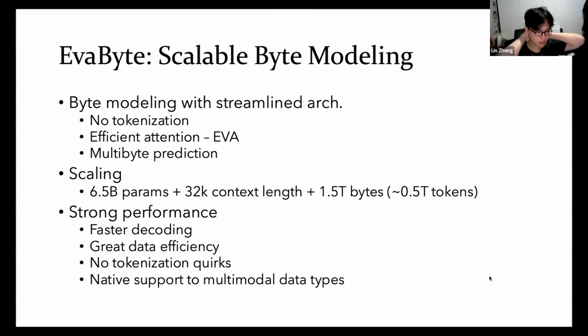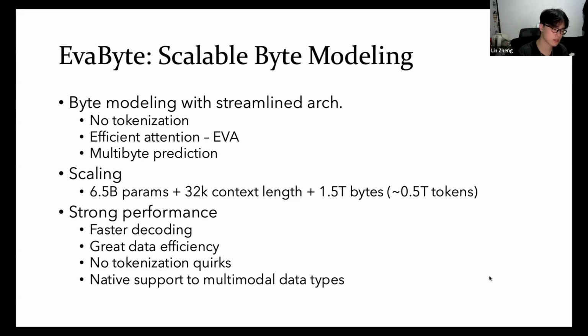And with all of these components combined, like replacing the tokenization with byte-level inputs, using a more efficient attention mechanism instead of the standard attention, and also a multi-byte prediction module on top of the transformer backbone, it enables effective scaling.